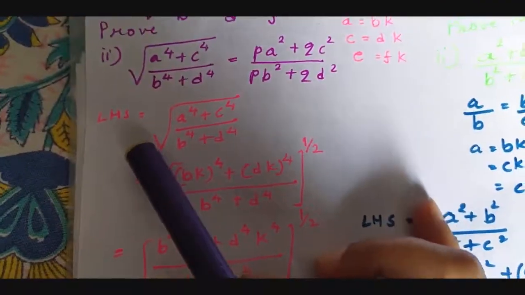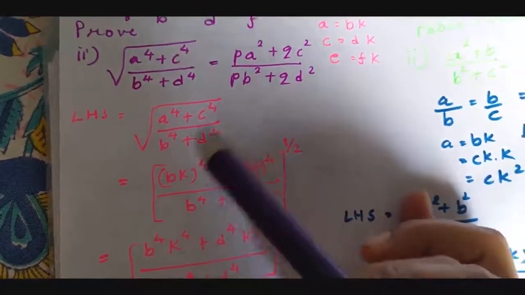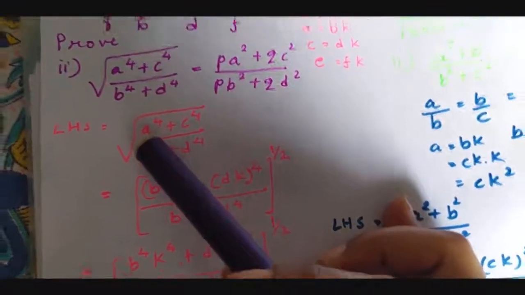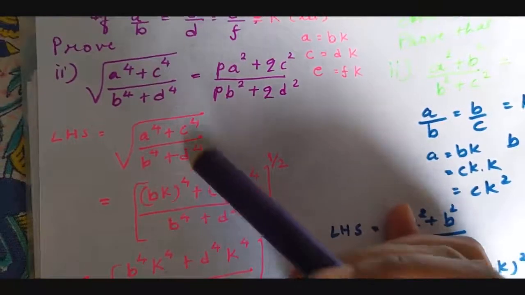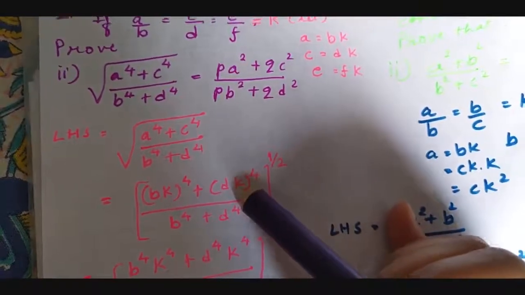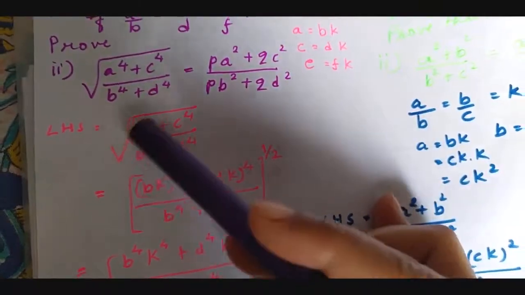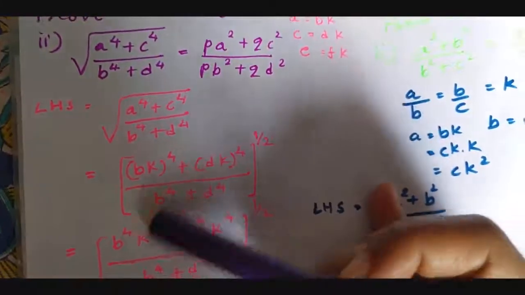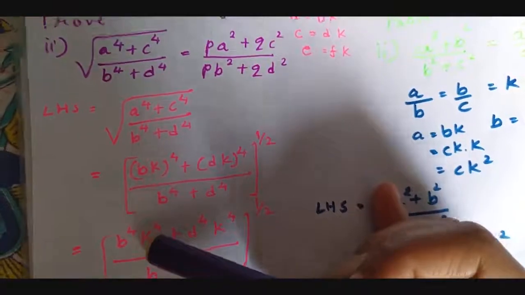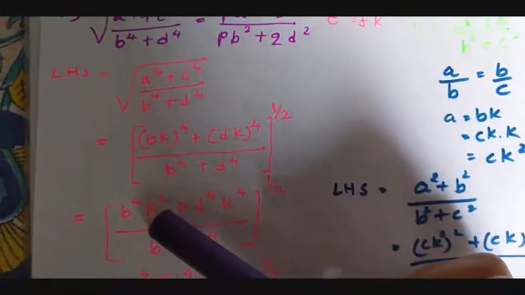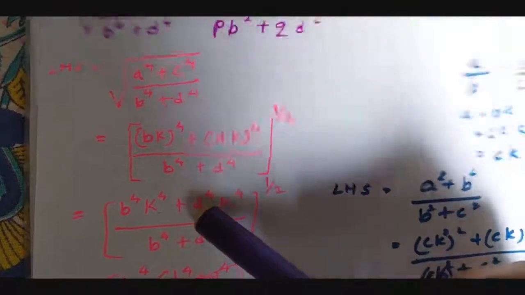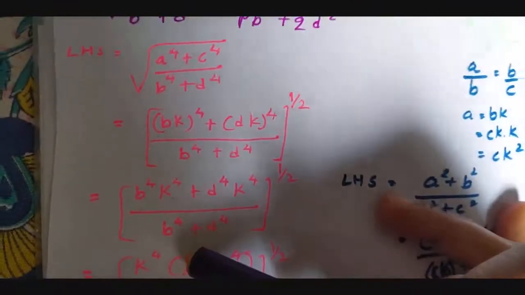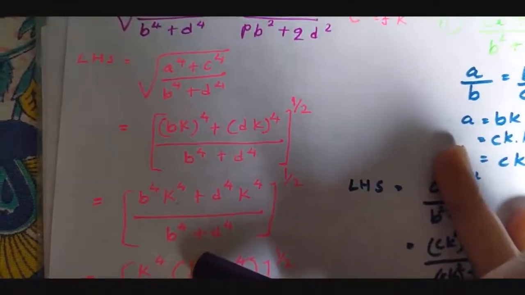So I will start with the left hand side. This is our left hand side. Placing the value of a as bk, value of c as dk, and then this under root sign I have taken as power 1 by 2. Now taking separate powers, b^4 k^4 plus d^4 k^4 upon b^4 plus d^4, power 1 by 2.